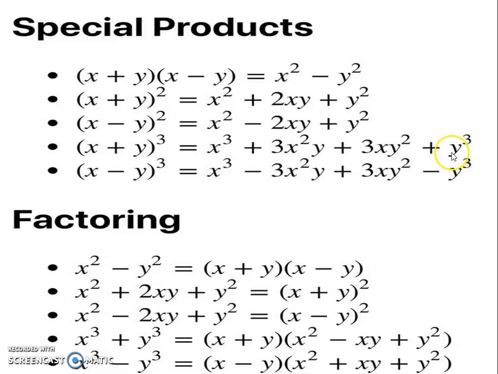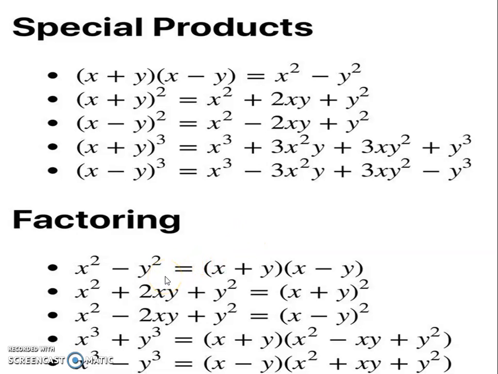Last is y raised to 3. x minus y raised to 3, we can split up x cube minus 3x square y plus 3xy square minus y cube. Always remember that in the bracket raised to 3 formula, the expansion must be: first term positive, second negative, then positive and negative terms.